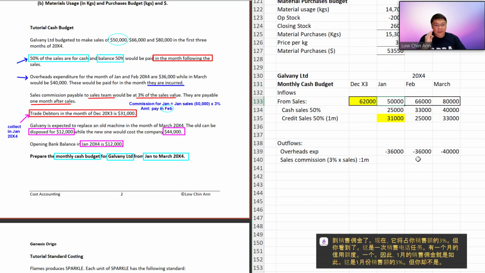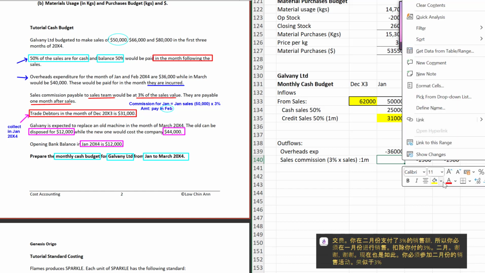The 3% of the sales you pay in February. So you take January sales, take 3%, and you pay in February. Likewise, you go to February sales, take 3%, and you pay in March.